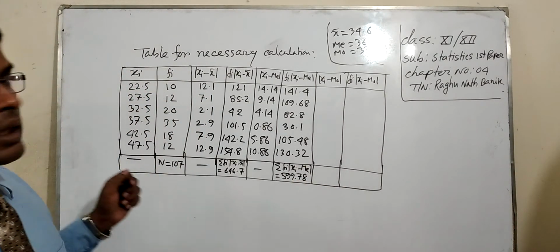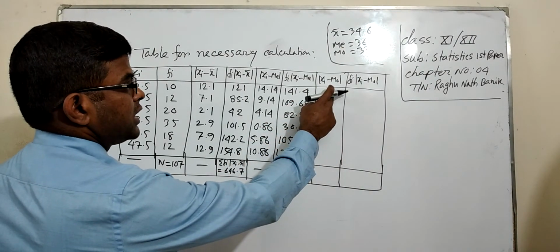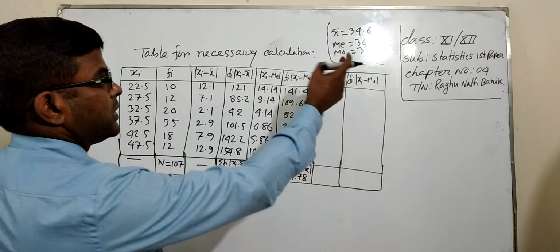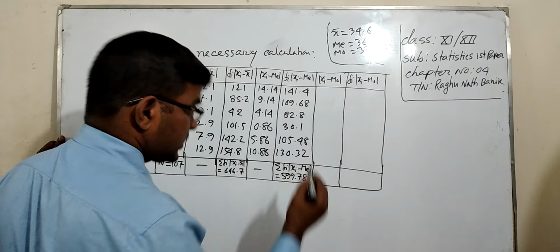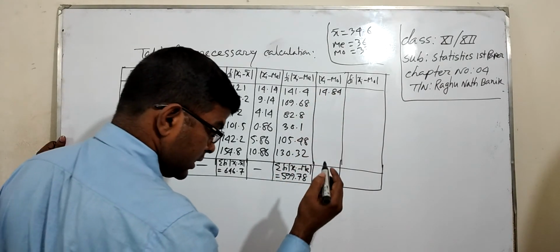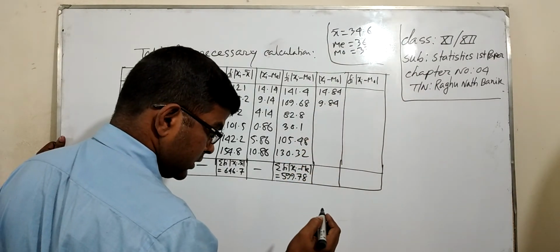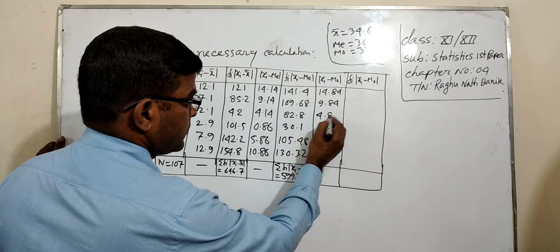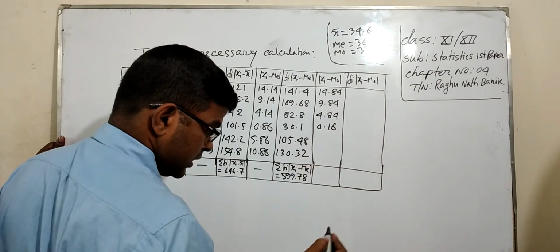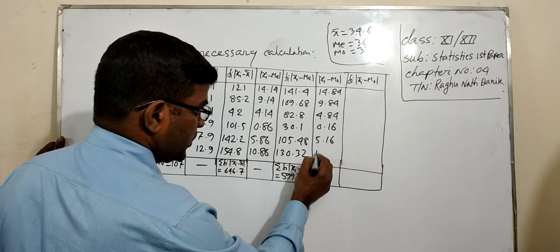Next, modulus of Xi minus mode: 22.5 minus 37.34, the value is 14.84. Next class 9.84, next 4.84, next 0.16, next 5.16, and 10.16.